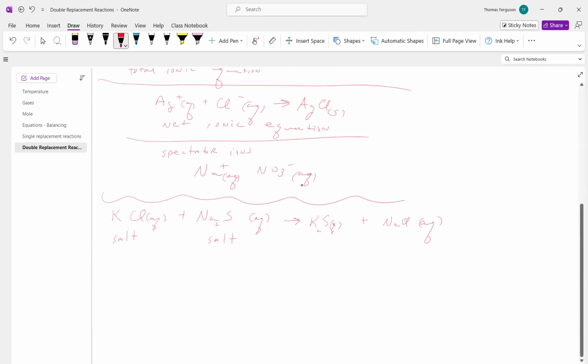Aqueous then too. Well, we don't know. We have to look on the solubility table. So KS, find the K. It's white. That means this is aqueous then.